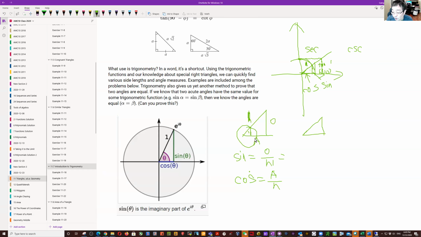So basically, I'm going to write out all those 3 triangles. The inner one is 1, cosine and sine. The middle one, the lower side is 1, this side is tangent, and this is the secant.